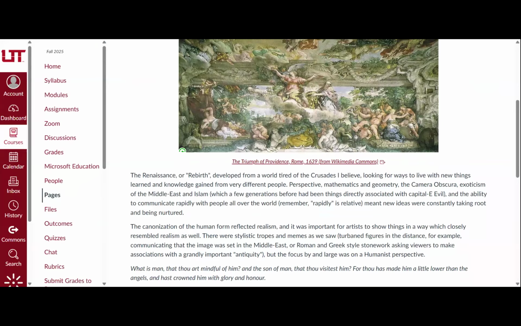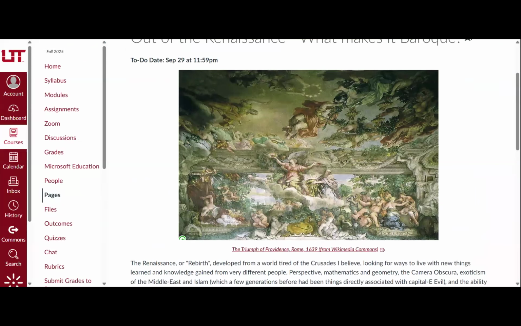This week we are going to look forward to the Baroque. We're going to go over some primary differences between the Renaissance and the Baroque. At this point, we're going to be focusing on a lot of the European stuff, because even though we are going to touch on other aspects of art around the world, what is interesting by the time we get to the 17th century is that European culture has marketed itself so well that it heavily informs a lot of the art that the rest of the world is working on as well.